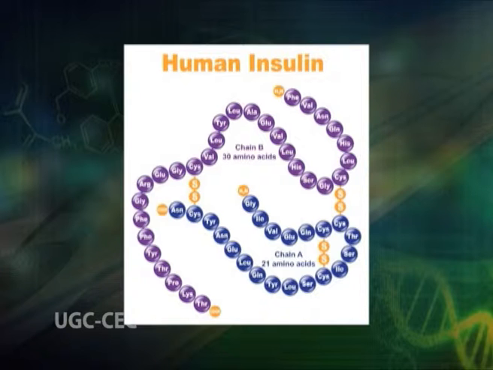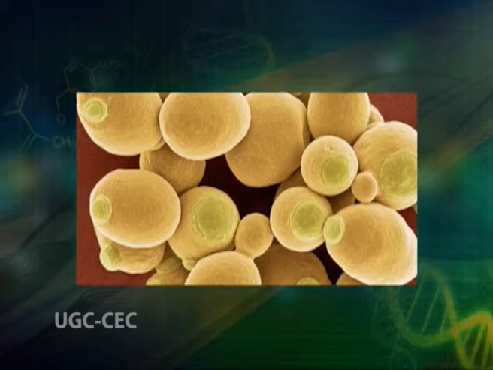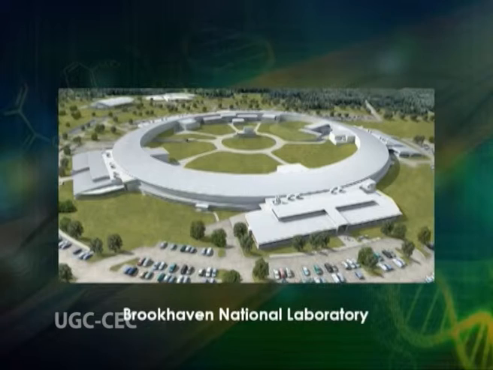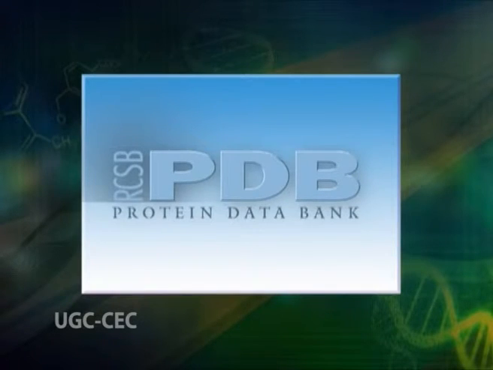Then, the first nucleic acid sequence, of yeast tRNA, was found with 77 bases. At the same time, the 3D structures of proteins were under study, and in 1971, the first protein structure database was developed at Brookhaven National Laboratory with only 7 structures and is called the Protein Data Bank or PDB.